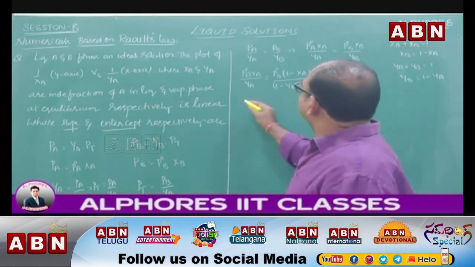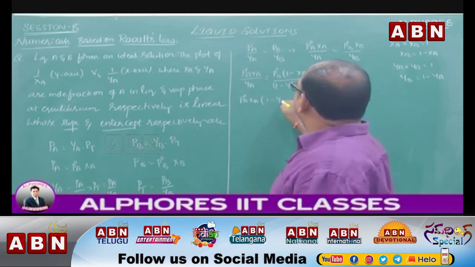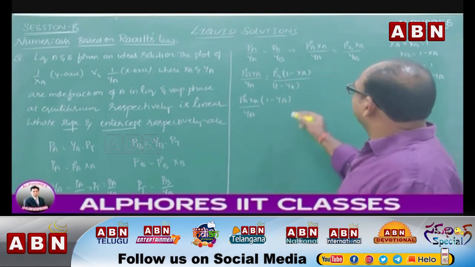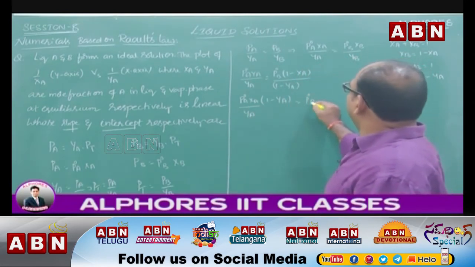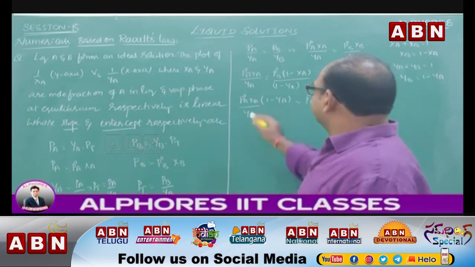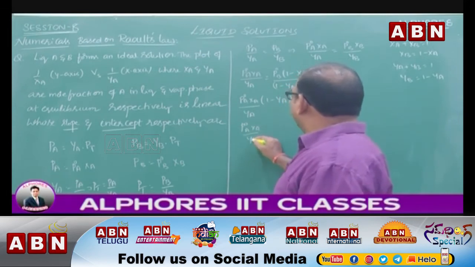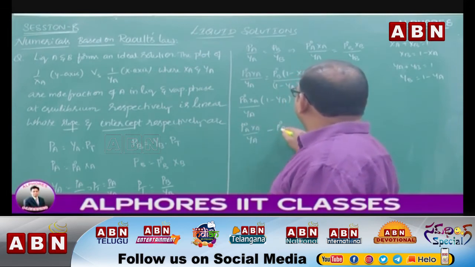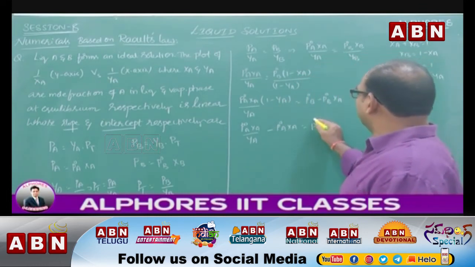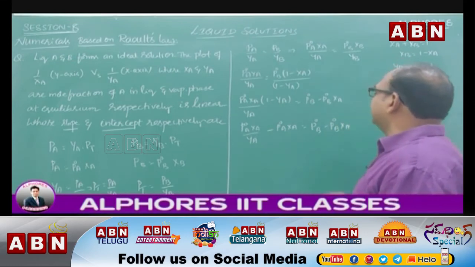Now, P naught A XA into 1 minus YA by YA is equal to P naught B minus P naught B XA. Now, P naught A XA by YA minus P naught A XA, here YA gets cancelled, is equal to P naught B minus P naught B XA.